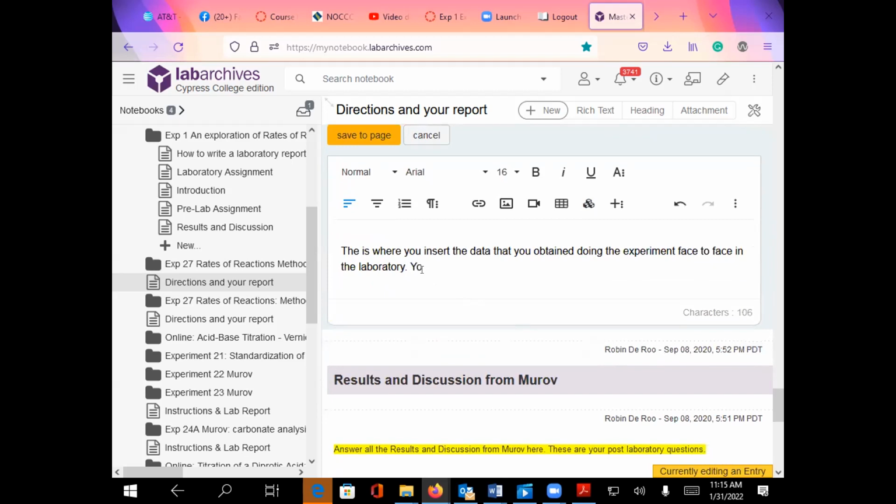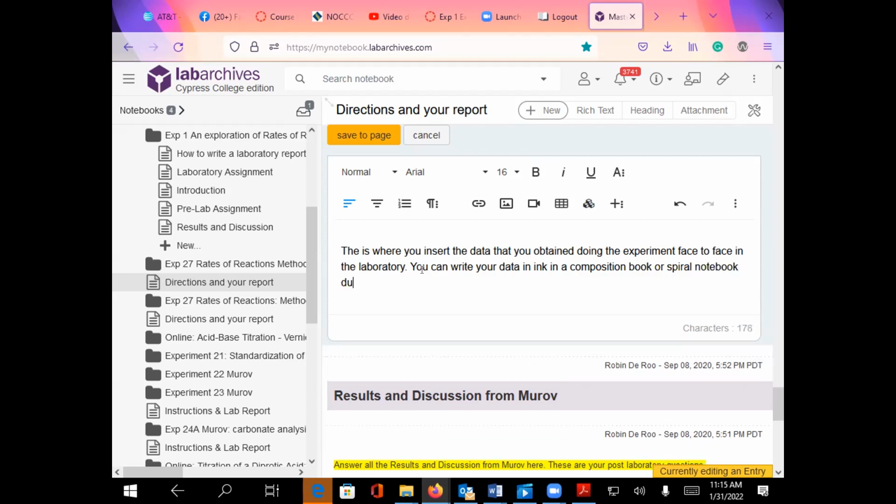Okay, you can write your data in ink in a composition book or spiral notebook during the lab session.